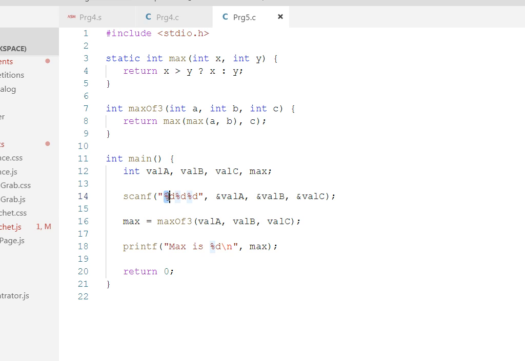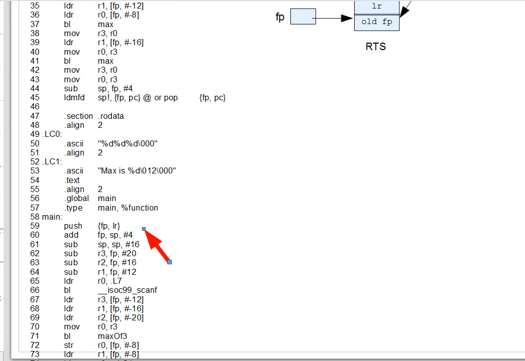Unlike printf, however, the following parameters are also addresses: the address of each variable into which the data is to be read. Scanf needs variable addresses because it needs to know where in memory to put the data that it reads. Also, by the way, GCC will translate that scanf call, moving back to the assembly here, to a call of ISO C99 scanf down here on line 66, and that's a particular scanf version.